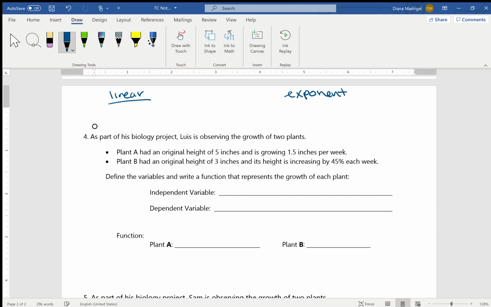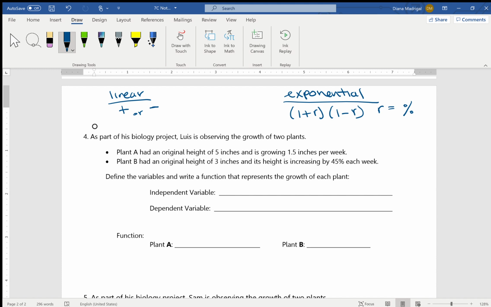It's going to be really easy because with linear, again, I told you you're either adding or subtracting whole numbers. Exponential, since we are multiplying, has that 1 plus r or 1 minus r. Don't forget about that. Remember that those r's are numbers in percentage.